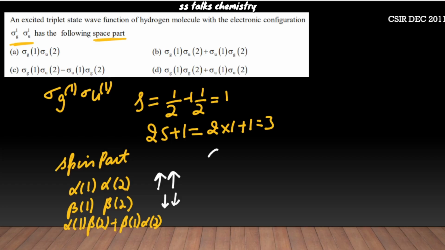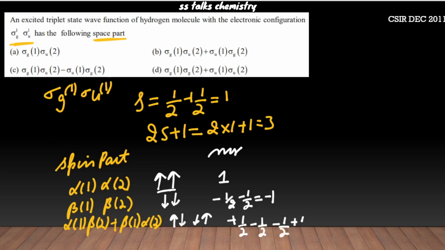So the corresponding value of the spin we will be getting over here. This value will be 1 in this case. This value is going to be minus 1 over here, because minus half plus minus half becomes minus 1. Now here it is positive, negative, negative, and positive, so it will become plus half, minus half, minus half, plus half.